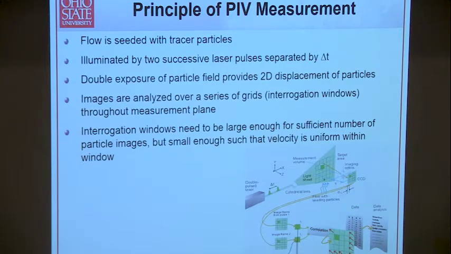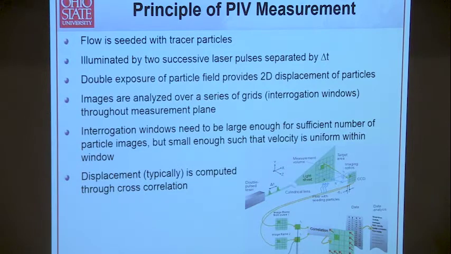We're going to talk about the fact that we have interrogation windows. They're fairly large, but we have to assume the velocity is uniform within the window. This is going to be one of the assumptions that we discuss in quite some detail, of why we have to make this assumption and what the problem is with a lot of this assumption. Okay. Displacement is typically computed through cross-correlation. It doesn't have to be, but this is essentially the predominant way in which it's done now.